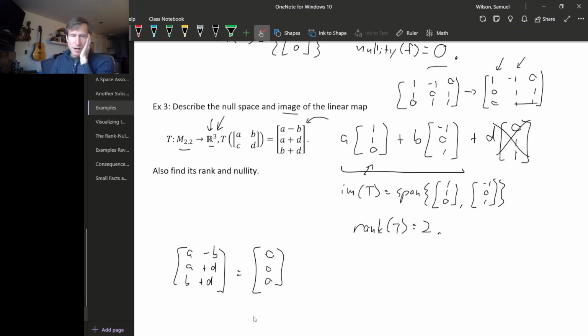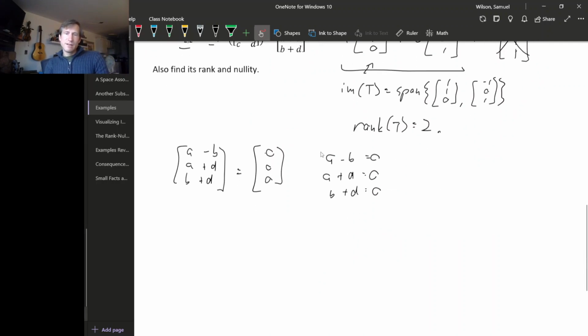So we need to solve this system of linear equations. This is really the system a minus b equals 0, a plus d equals 0, and b plus d equals 0.